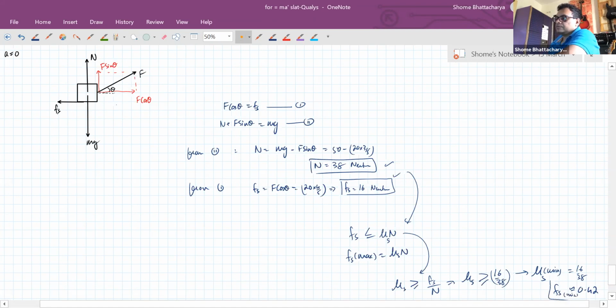It can be greater than this also, but minimum is this, otherwise the object cannot be at rest.